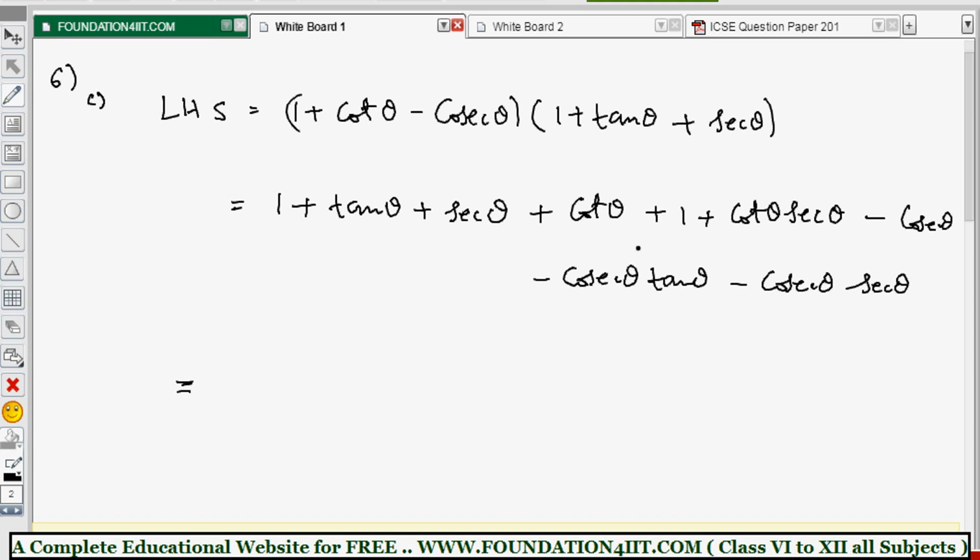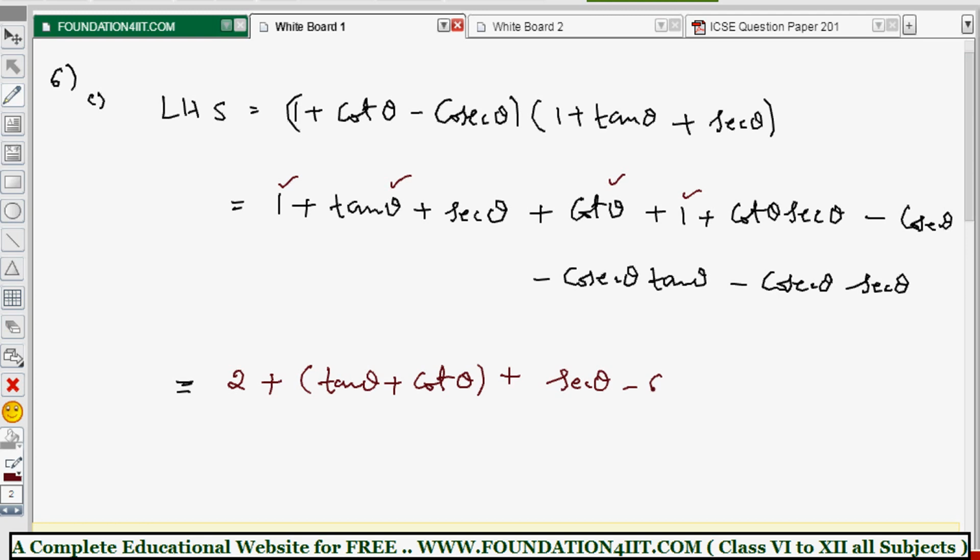Numbers if you add, 1 plus 1 is 2, plus tan θ and cot θ I am writing together: tan θ plus cot θ. And plus the remaining altogether, so sec minus cosec: sec θ and minus cosec θ.